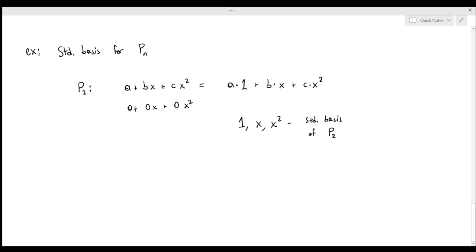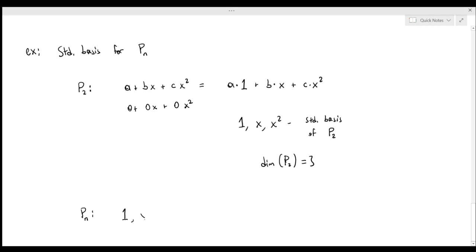Because there are 3 polynomials in this basis, the dimension of P2 is going to be 3. And every other basis of P2 is going to have 3 polynomials in it. Then finally, I'm just going to generalize to Pn.